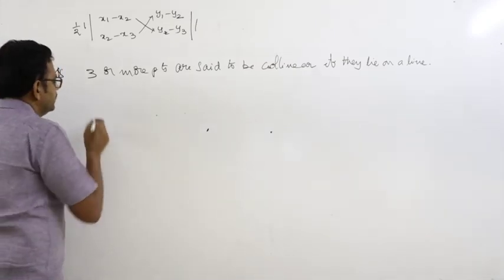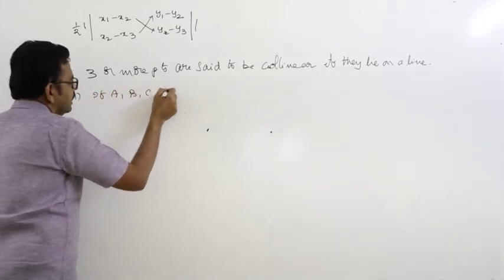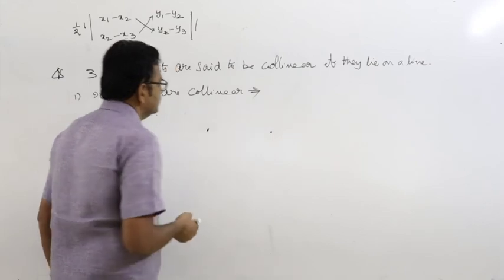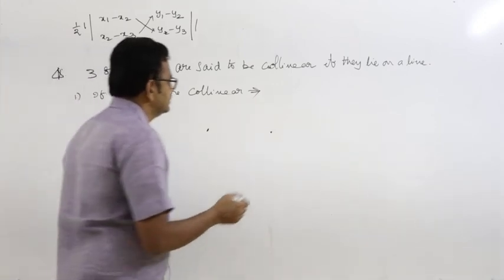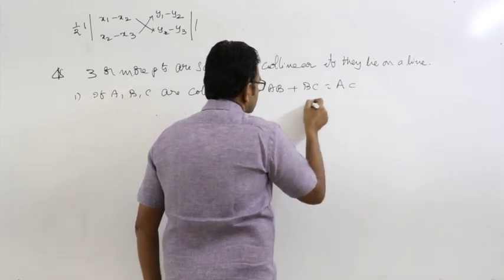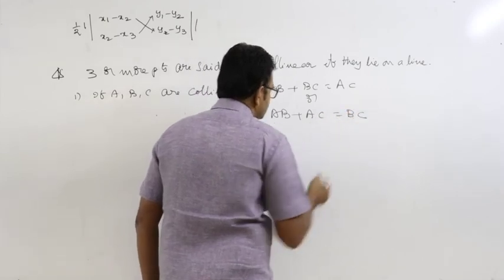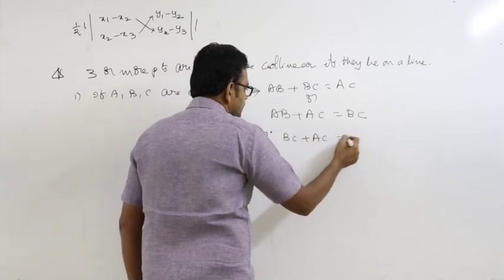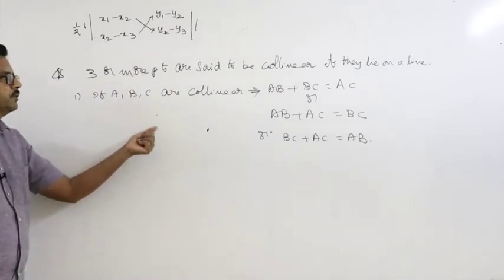How to prove the points are collinear? If A, B, C are collinear, it implies the sum of two distances is equal to the third distance, that is AB plus BC is equal to AC, or AB plus AC is equal to BC, or BC plus AC is equal to AB.